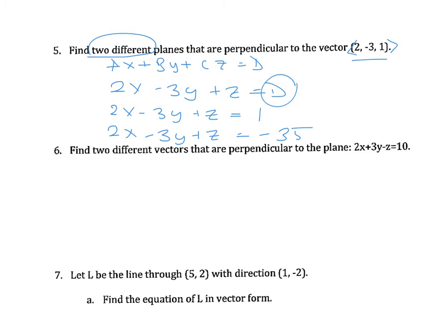Now, one question that I didn't get to is like, well, if this is perpendicular to the vector, and this is perpendicular to the vector, we haven't actually said that they're parallel to each other, but kind of makes sense. Every plane that's perpendicular to the vector will be parallel to each other.